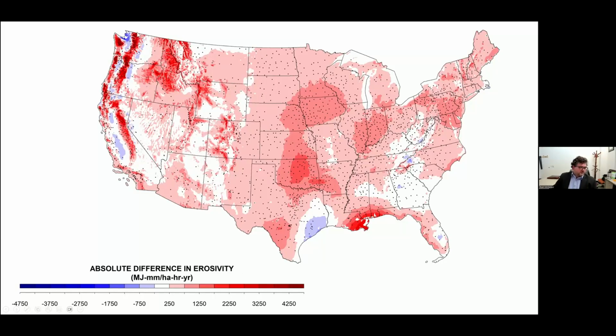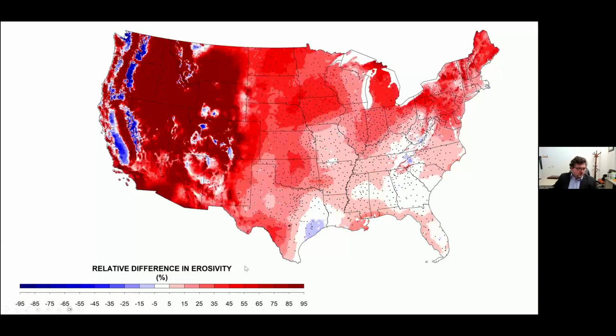There are big changes in the map, especially out west, where you see that difference in the interpolation method, and you see some differences in the southeast. But keep in mind that these were already very large values of erosivity, so those actually are not that large. So when we're talking about relative difference, then you can start to see a much, much different picture.